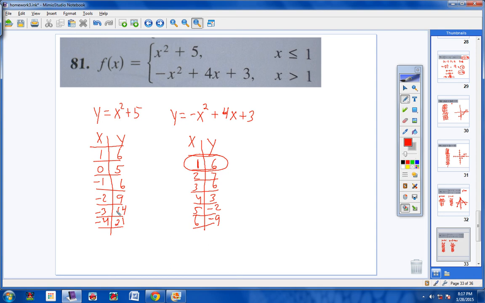I probably won't need these bottom two here, but my y values go from a positive 9 all the way to a negative 9. So we're looking at what is going to go 9 all the way around, okay? Looks pretty good. And we're just not going to have enough room, are we?